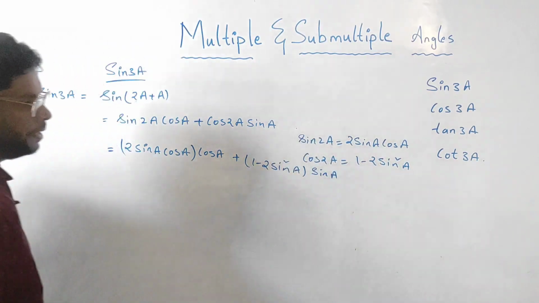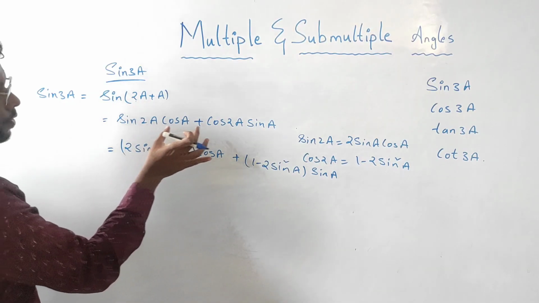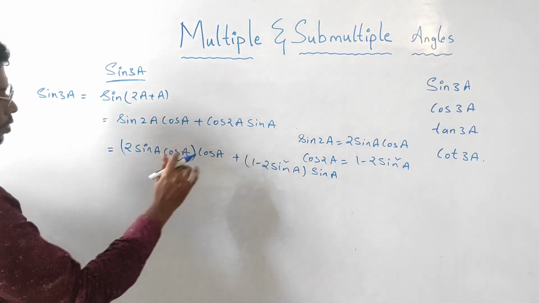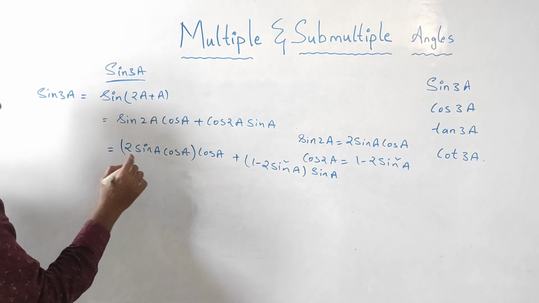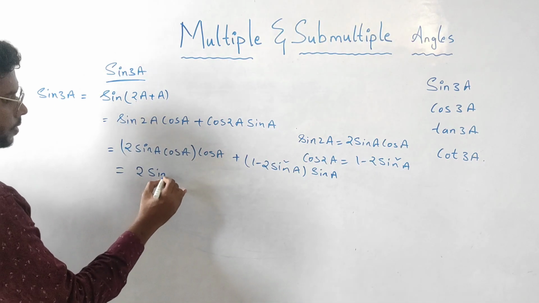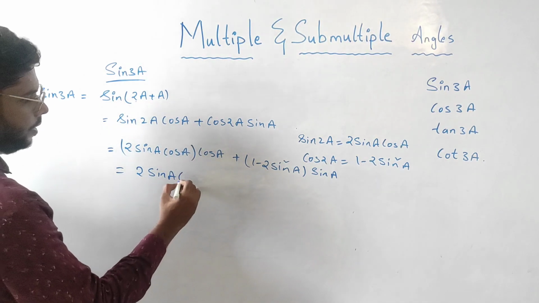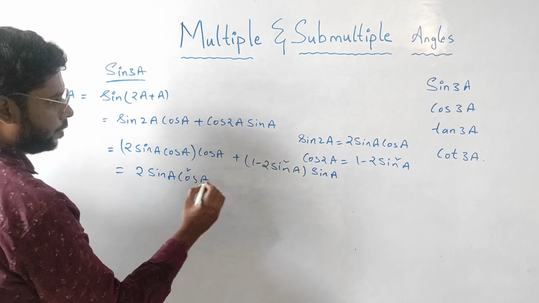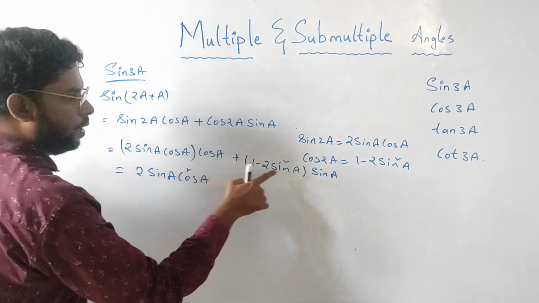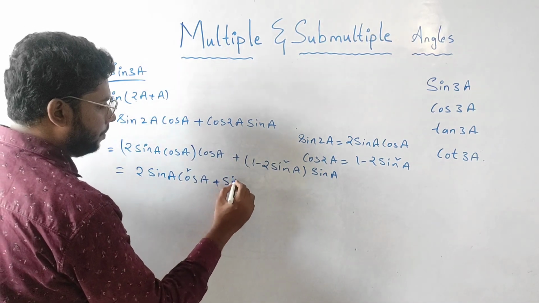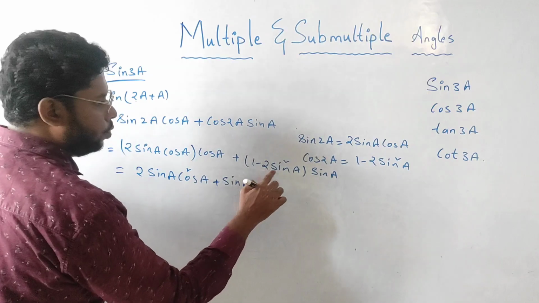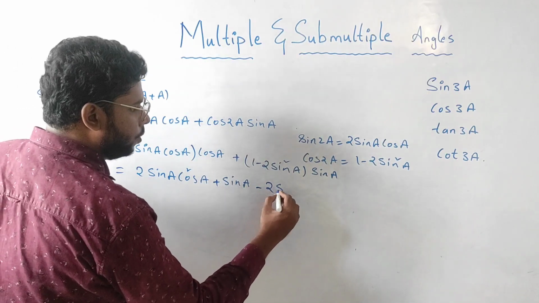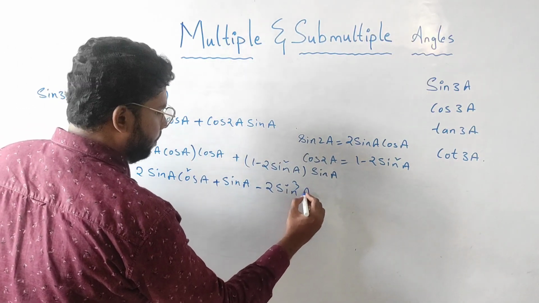I hope you understand this. I've substituted the values of sin 2A and cos 2A here. Now simplify. 2 sin A cos A into cos A will be 2 sin A cos square A. Now here also you multiply: 1 into sin A is sin A, minus 2 sin square A into sin A will be 2 sin cube A.